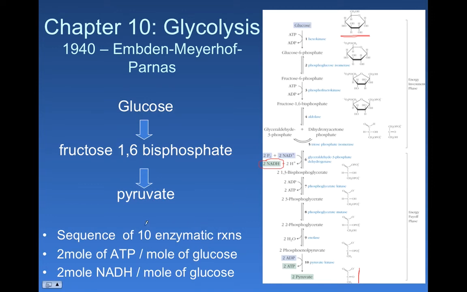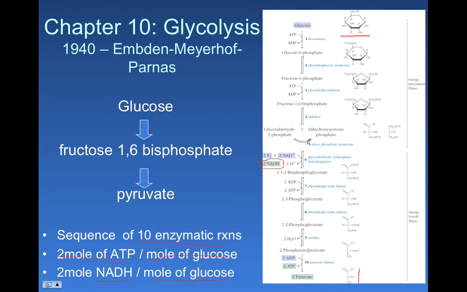Okay, so we've got 10 reactions here. We are generating 2 moles of ATP for every mole of glucose that we consume, and we're also generating 2 moles of NADH for every mole of glucose that we consume also. It's sometimes convenient to break these 10 reactions into 2 pieces.